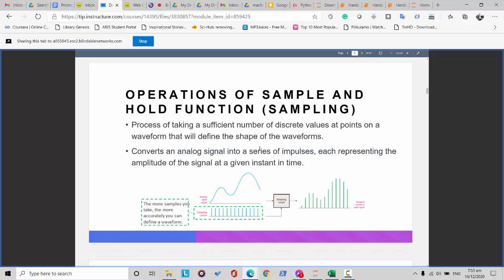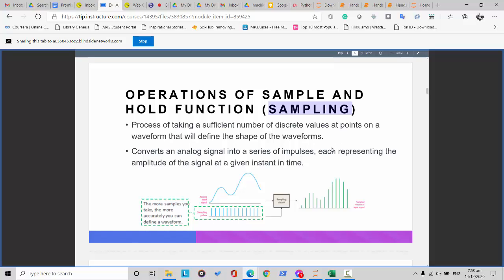Now, what are the operations of the sample and hold function? For example, we have here the sampling. So we have two functions actually, right? Sampling and holding. Sampling is the process of taking a sufficient number of discrete values. As I have said, sampling is about capturing or taking the voltage of a continuously varying analog signal.